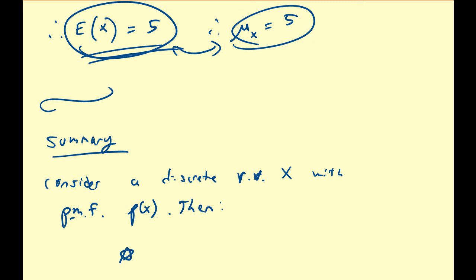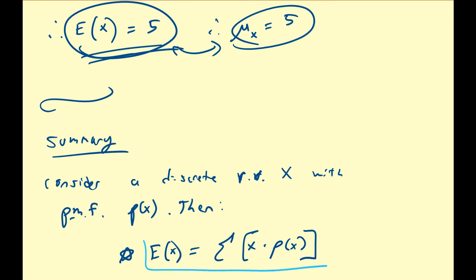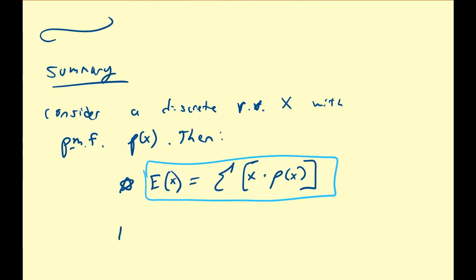Then the expected value of that random variable is equal to the sum of the products of those values times their corresponding probabilities. And that's how you calculate the expected value, and also sometimes we denote the expected value as the mean of that random variable. And that's a quick summary of how to calculate and interpret the expected value of a discrete random variable.